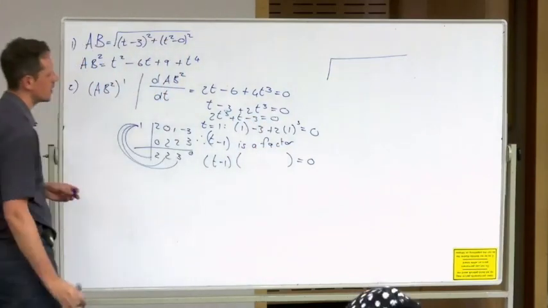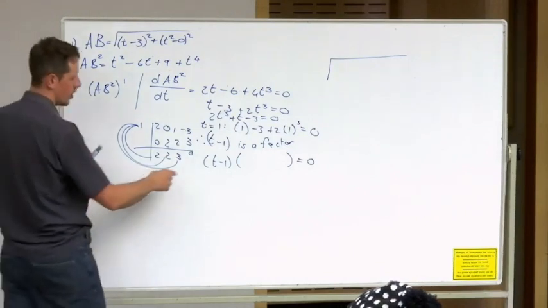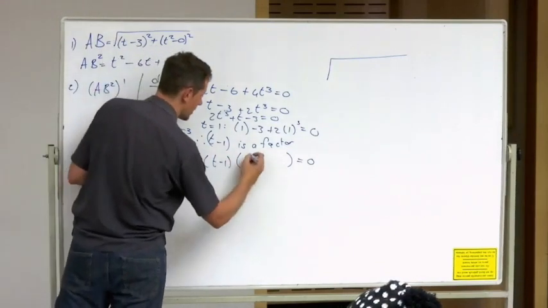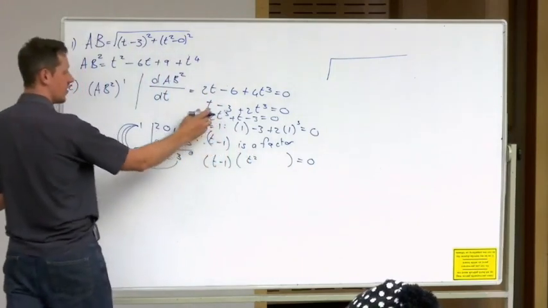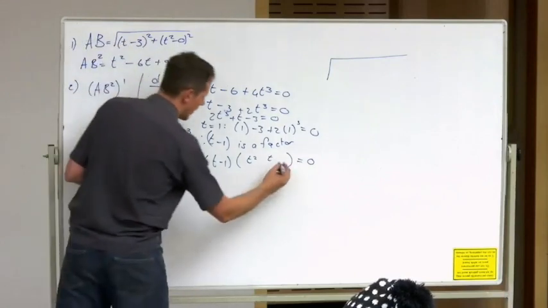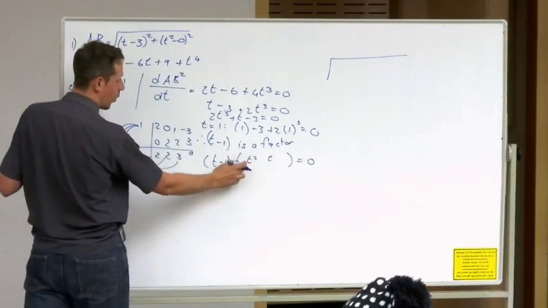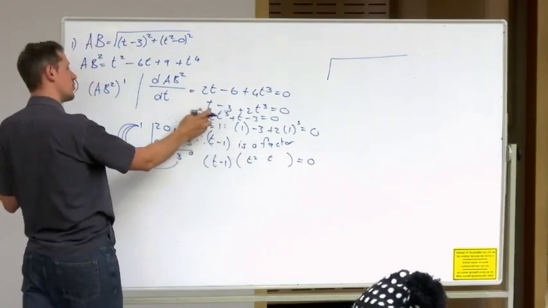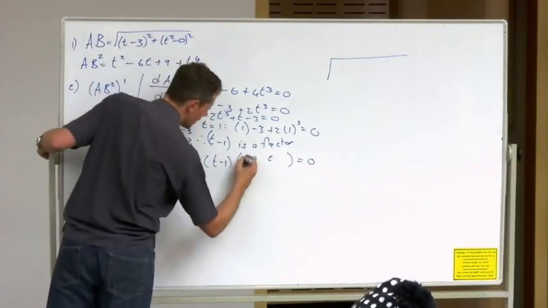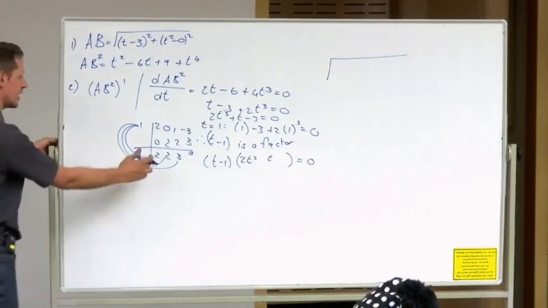For me, if I want to do inspection, then I go t times something, t squared must give me that. And then I'm going to have a t, and then I'm just going to have a number. Now t times what t squared gives me 2t cubed, and it's 2t squared, which I get from here as well.